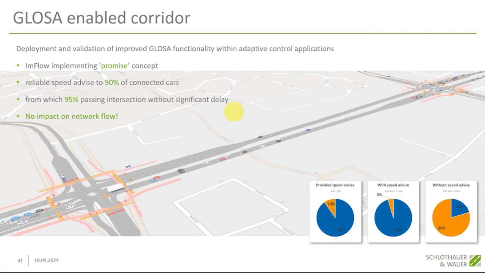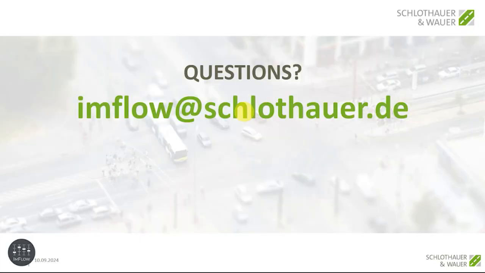Internationally, the implementation with ITC is there, and it's a finished product, ready to be distributed. So if you have any questions, anything in mind, any city in mind, please contact us via ImFlow at Schlothauer. And if you have further technical questions, also relate them to us, and then we might relate them further.